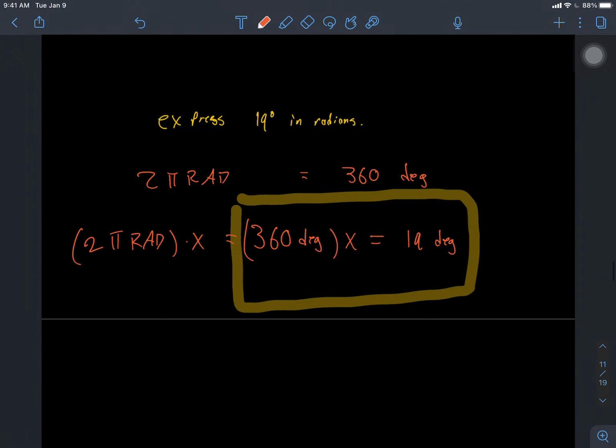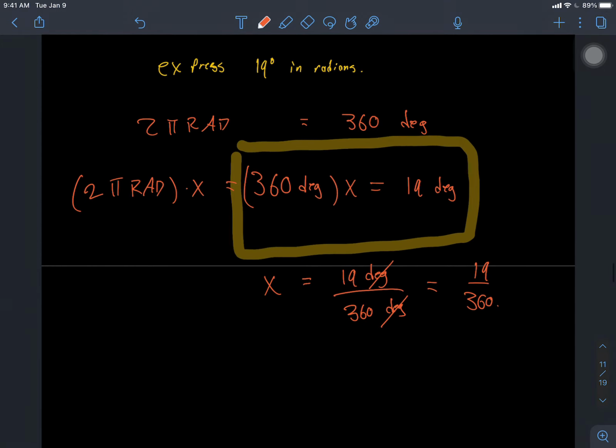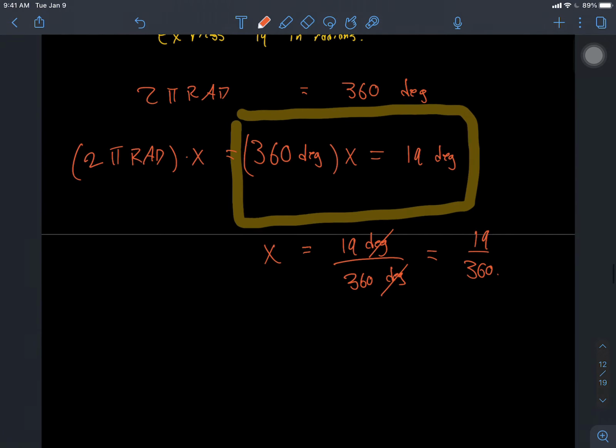So 360 degrees times x should be equal to 19 degrees. So what should x be? Well, x should be equal to 19 degrees over 360 degrees. So we cancel the degrees, and we get x should be the number 19 divided by 360. So if we multiply both sides by this, see what we get.